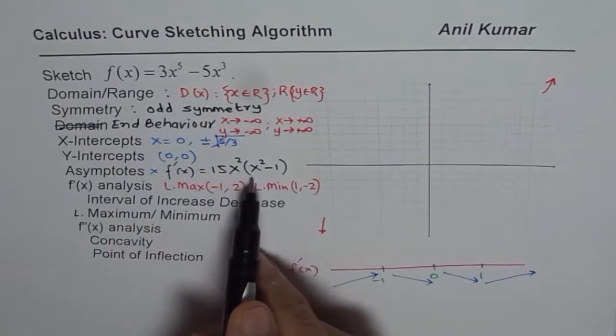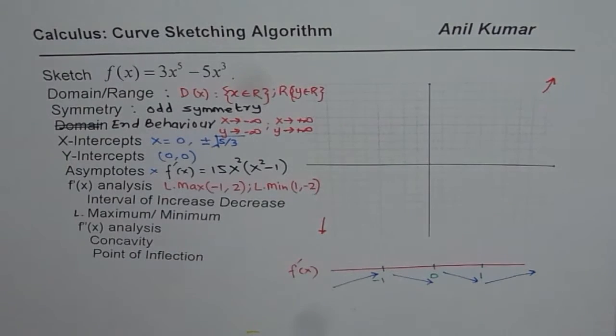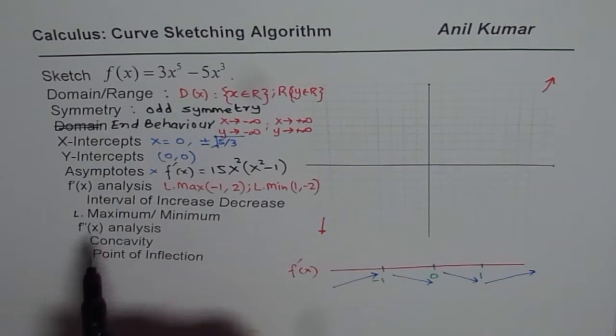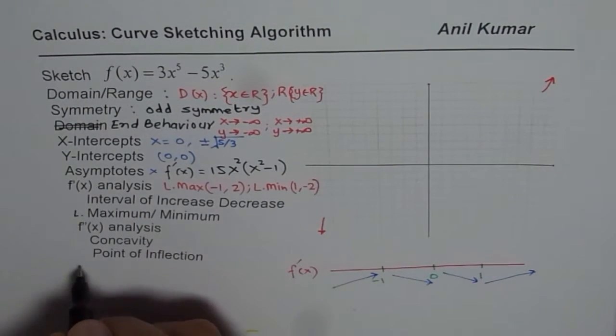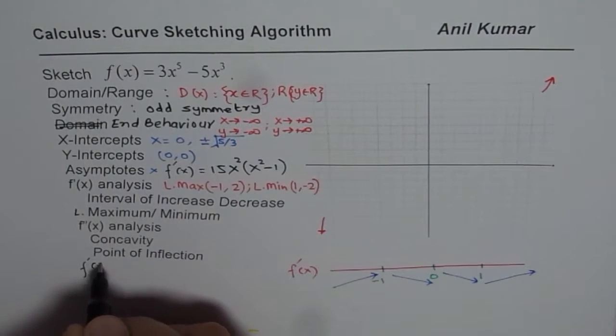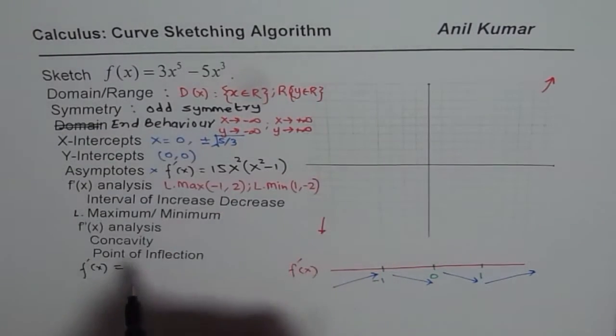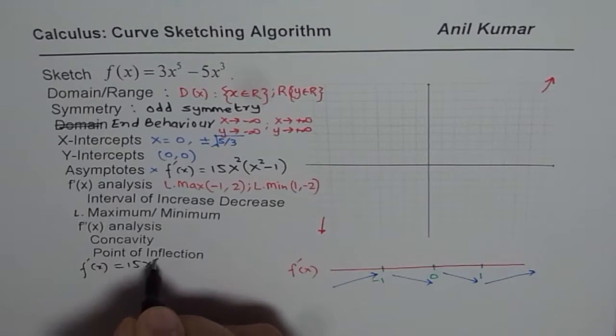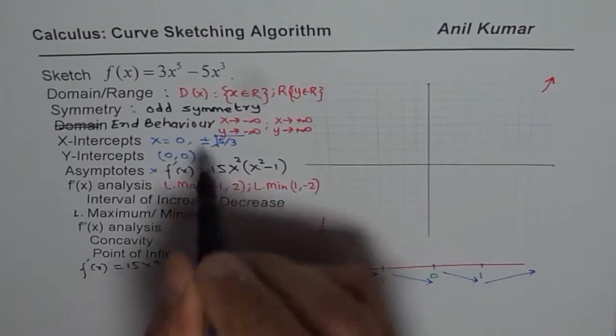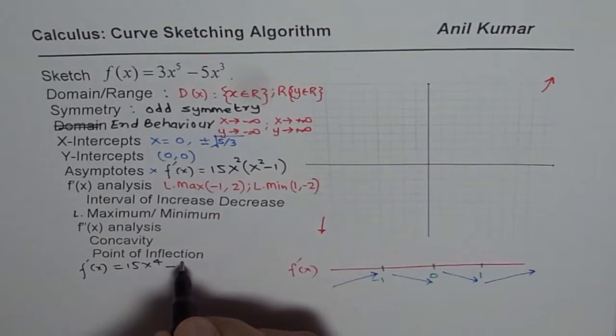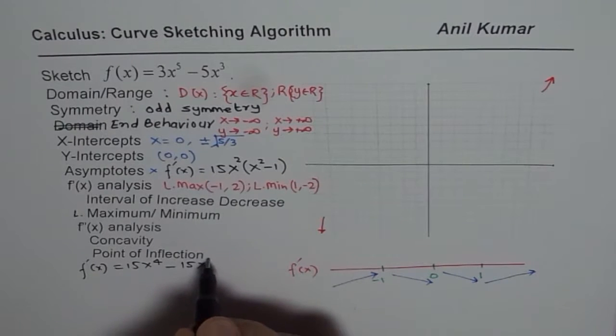Now starting from here, we could actually do the second derivative. We found that the first derivative of this function is 5 times 3, 15, x to the power of 4 minus 5 times 3, 15, x squared.